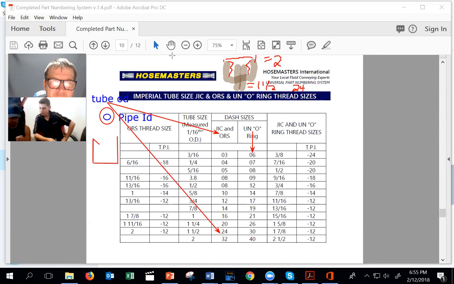For some reason, it's not giving me my drawing pen. Okay, so let's try it like this. Okay, here we go. You see, it's got the thread there, and it's flat. It's flat here.